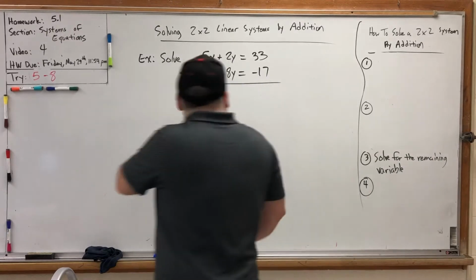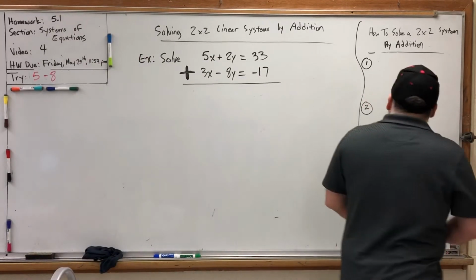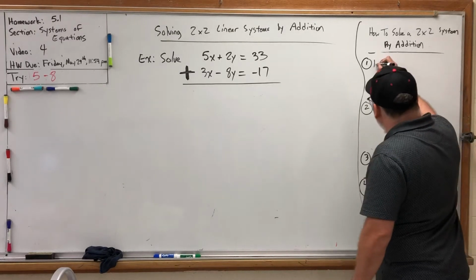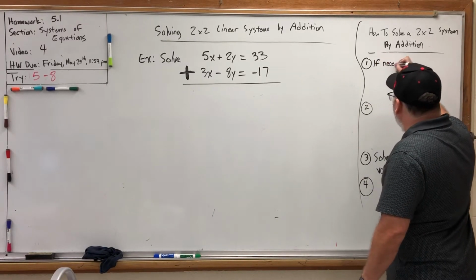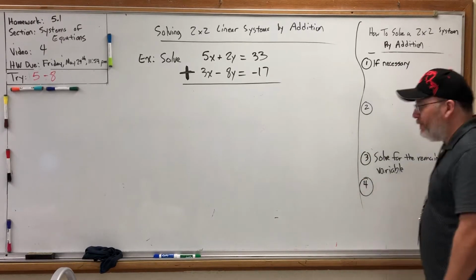All right, so here's going to be our strategy. Number one, if necessary, because sometimes, as you'll see in the homework, you will already have opposite terms set up, so you can skip the first step.